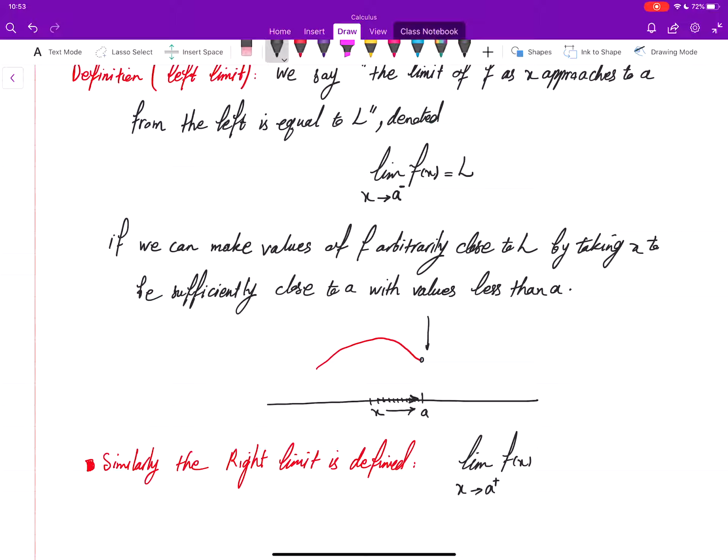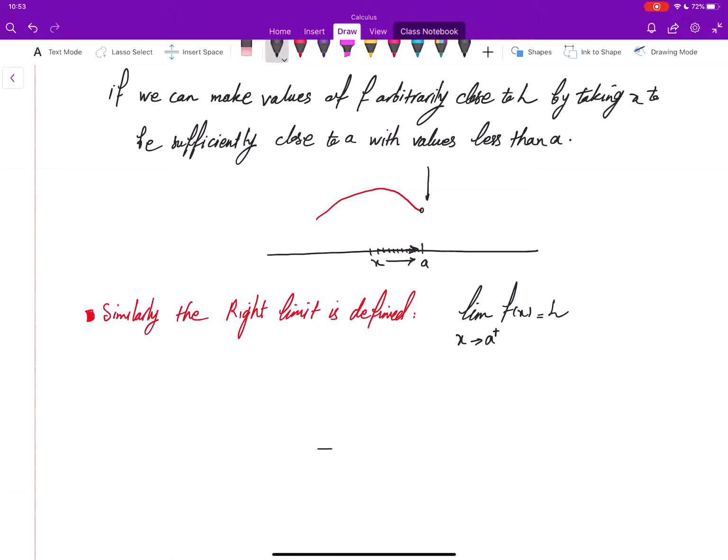That plus sign means from the right, and in that case we get closer to A using only values which are greater than A. And as before, if there is a graph of the function, we basically ignore the part which is less than A and just study the trend of the values of f as x gets closer to A from the right.